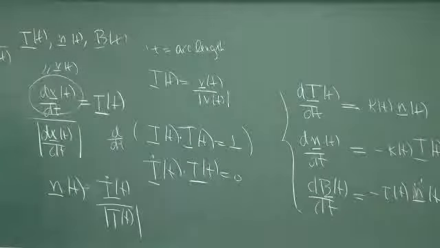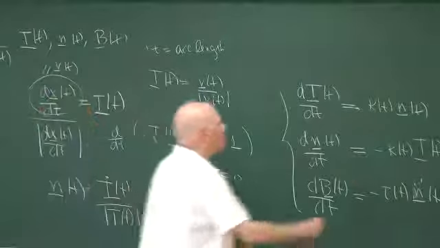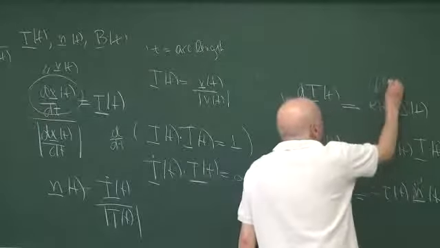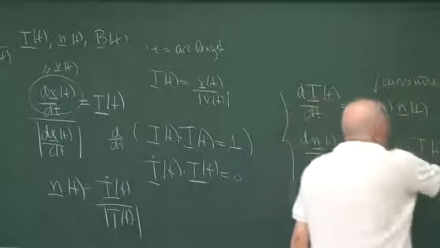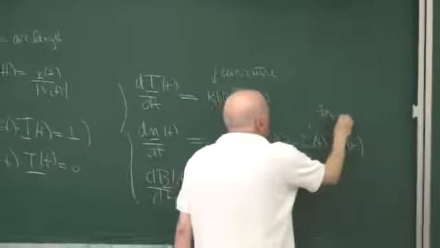So this was the curvature, and tau of t has a name, the torsion.